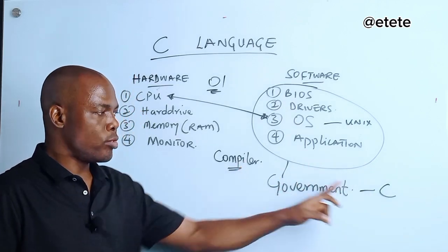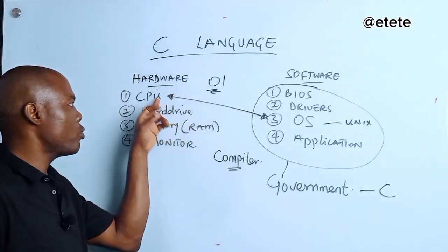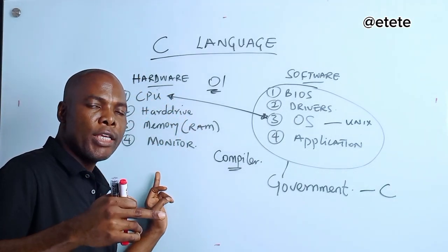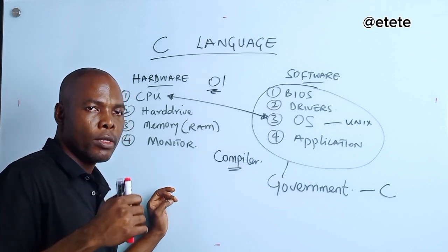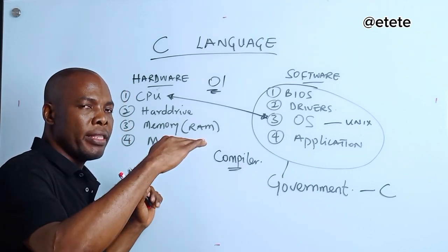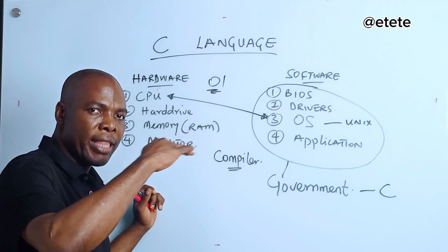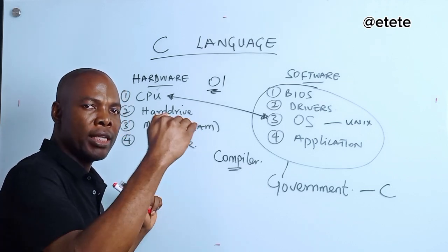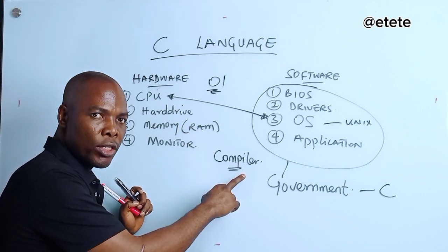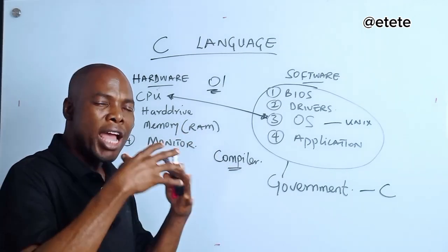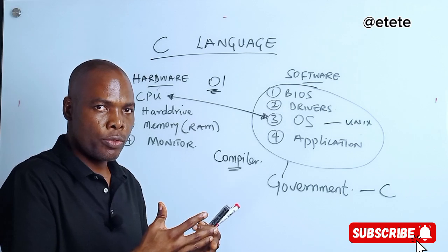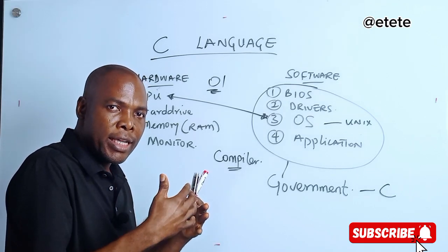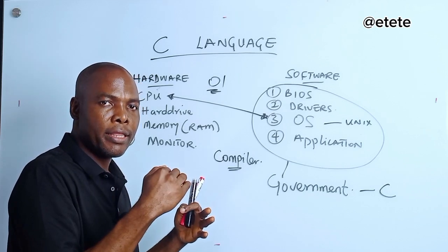A compiler is to C what an interpreter is to Python. In Python, the interpreter takes your code line by line, and when data is needed, it will pull in the data at that point. But the compiler takes your complete source code and converts it to an object code. Then at the point of execution, if data is needed, it will start bringing that data in.